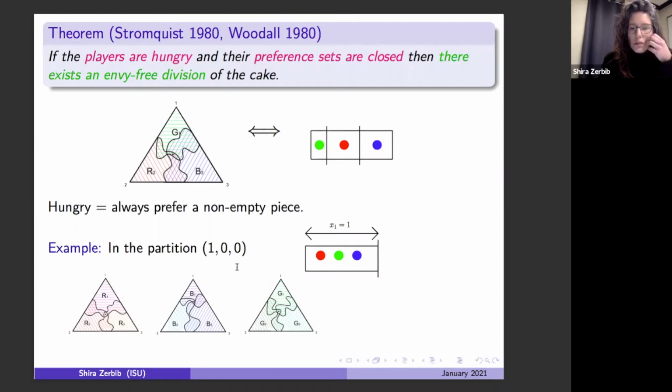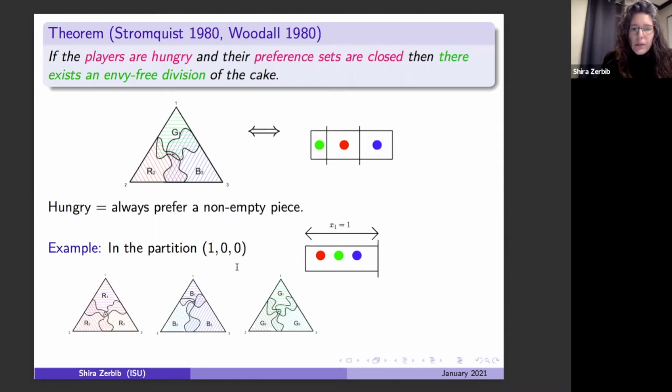And we want to assign to each player a tuple of pieces, one from each cake, such that the assigned tuples are pairwise disjoint, because we don't want them to fight over pieces. And the question is again, what conditions allow us to do it? So this motivates what we are doing in this talk.